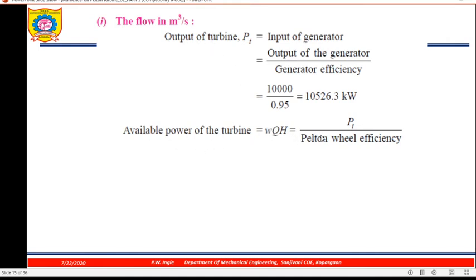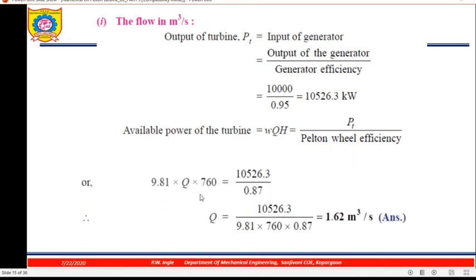Now, what is Pelton wheel efficiency? Shaft power upon water power. Therefore, available power of the turbine equals shaft power upon Pelton wheel efficiency. So you are getting the value of Q.